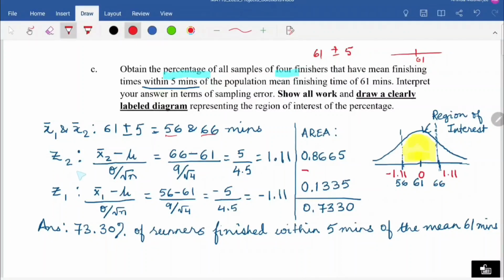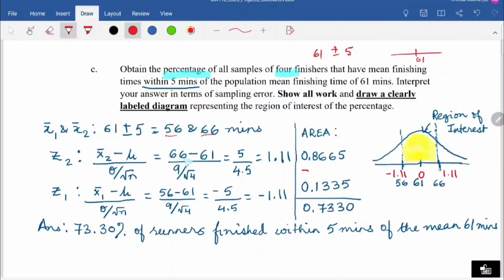For z sub 2, I will always recommend to first calculate the value which will lead to a greater, higher z value. So again, this is the formula we are using. There should be a sigma over square root of n in the formula because we are working with samples here, not population.